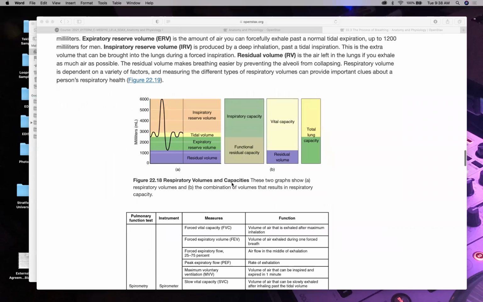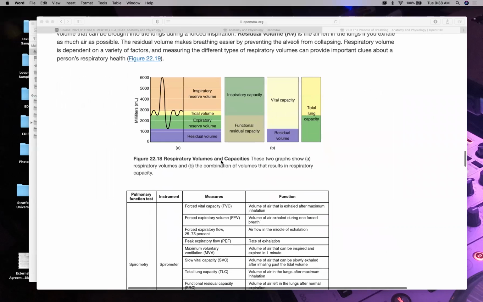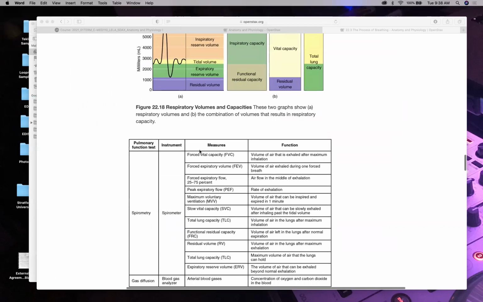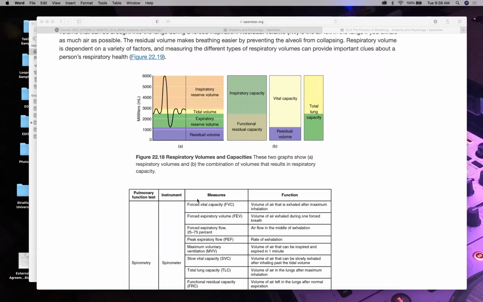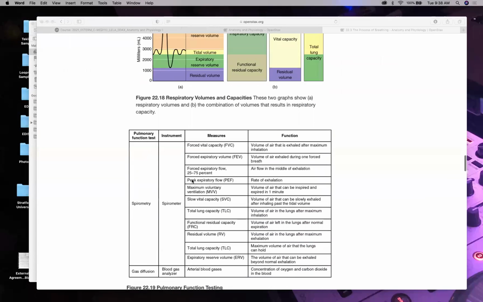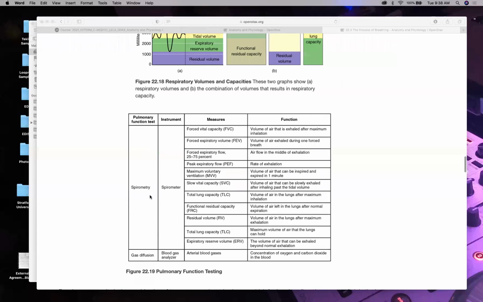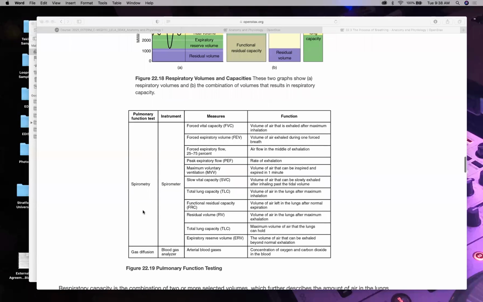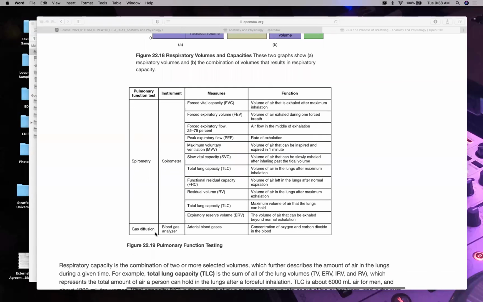Now, here's a nice thing to know for my exam, but for the future NCLEX, you must know what all of these volumes mean, and you will eventually have to memorize all these numbers. But for now, all you need to know is this. Of course, we have a pulmonary function test, PFT, also known as spirometry. And you have another test, which is your ABG, arterial blood gas.